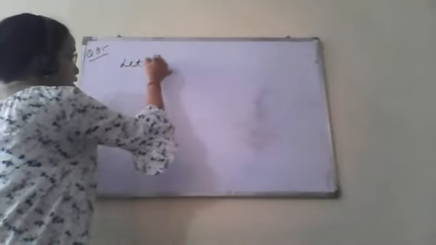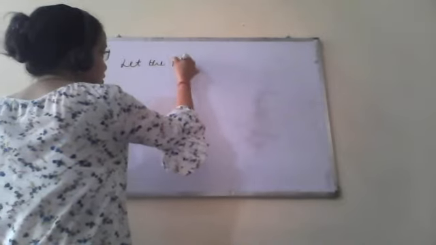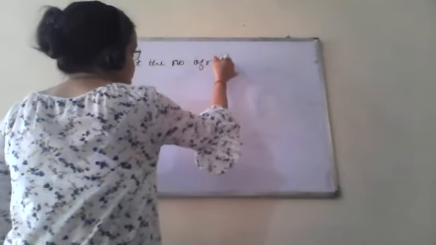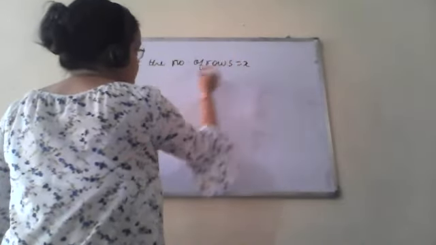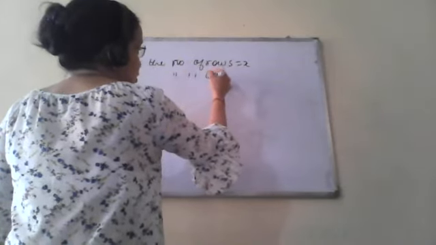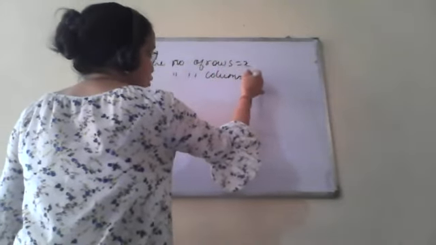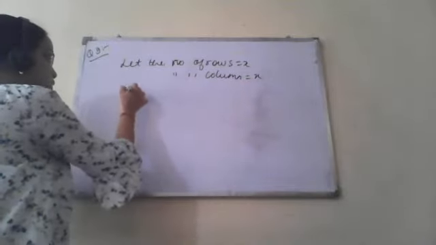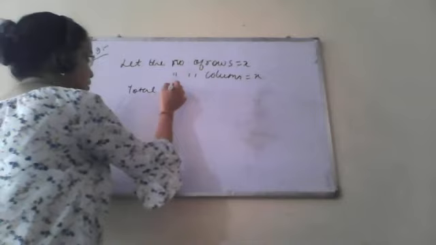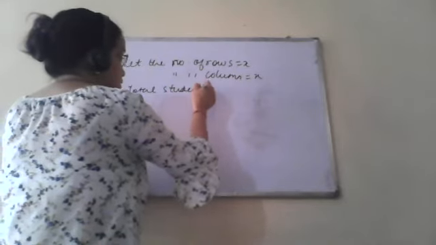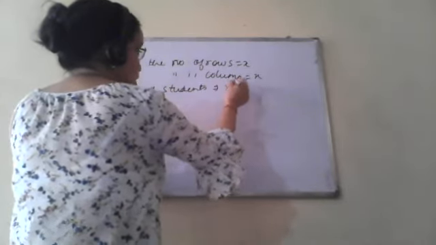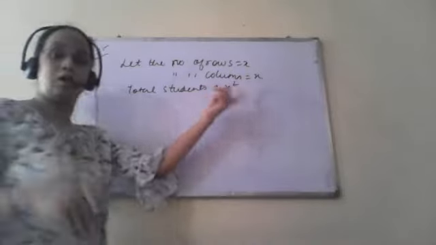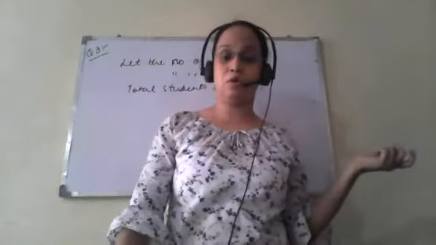So we will see, let the number of rows be x and the number of columns x. When you are writing, you will have to write the full statement. So the total number of students required will be x square. X square students will be required only, then the number of rows will be equal to the number of columns.